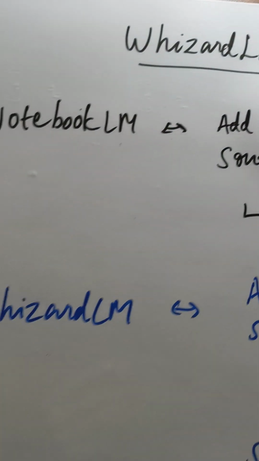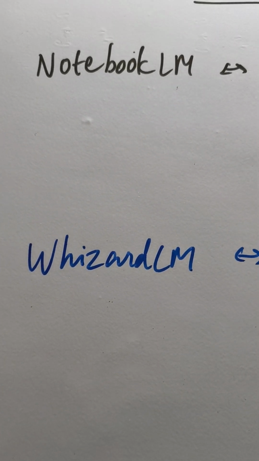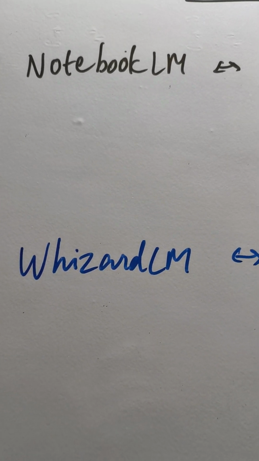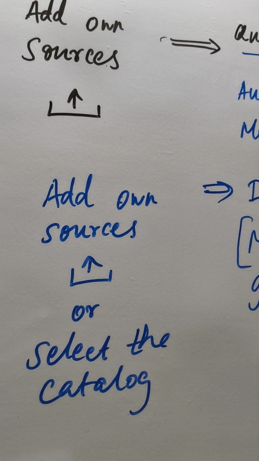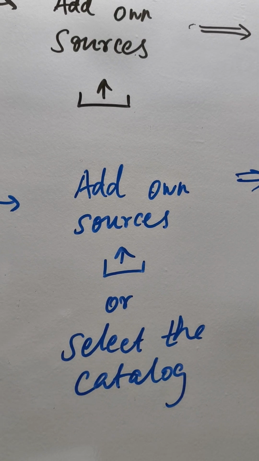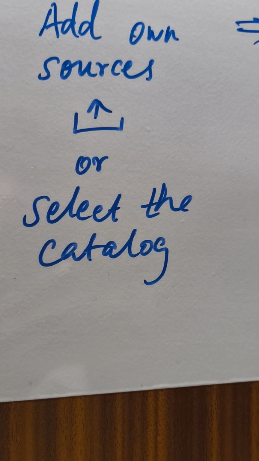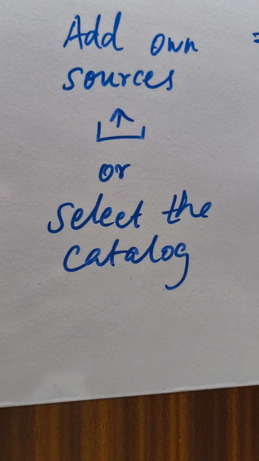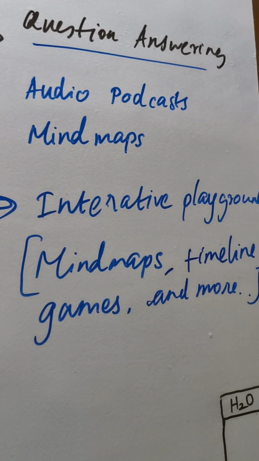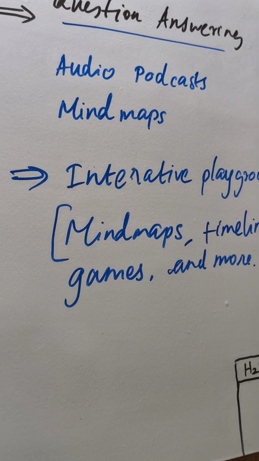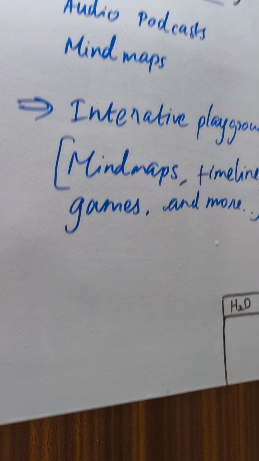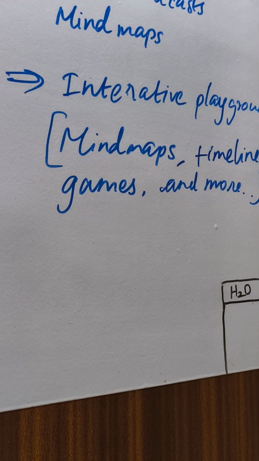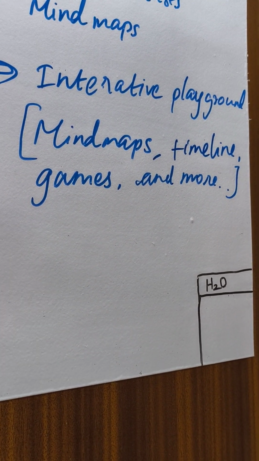So with WhiZardLM, we're trying to do the same for school students. School students can add their own source, or they can select from a catalog of books that we already have on our site. Instead of podcasts and mind map, the feature like question answering remains the same. The only twist here is that it is Socratic answering.